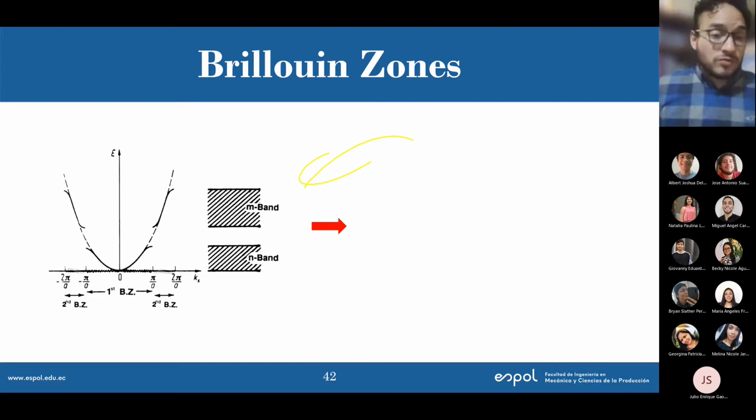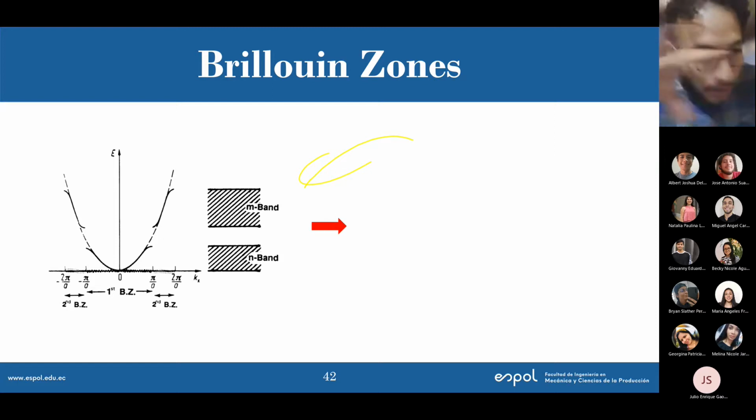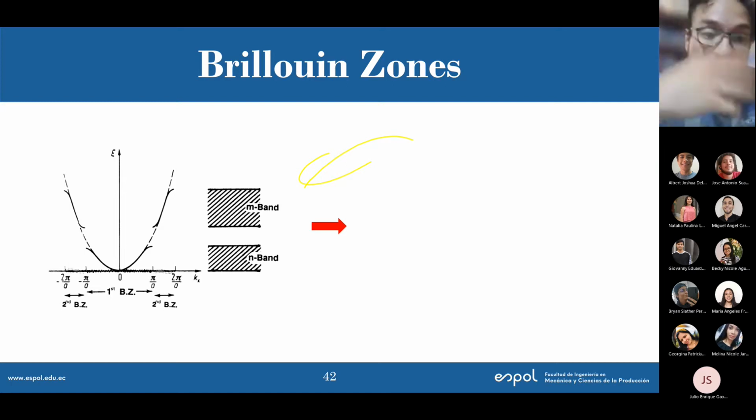But to make things easier, we learned that all these functions or concepts have a periodic behavior. In fact, we said that they are 2 pi over a periodic, especially the case of the periodic field in a crystal.